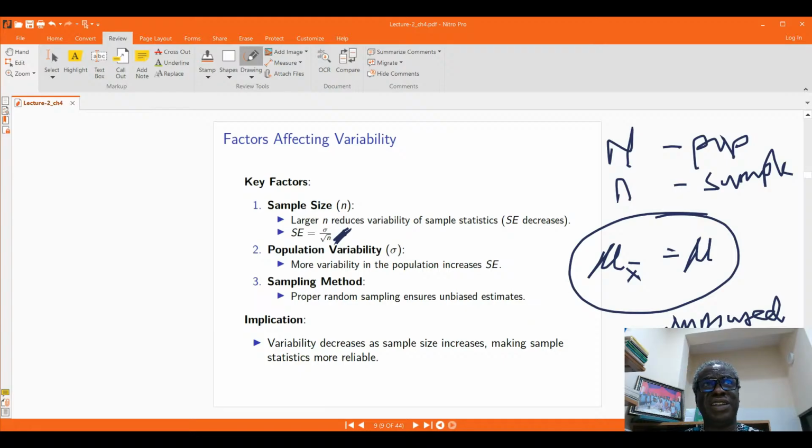Take note of that: the smaller your standard error is, the more reliable your estimate.